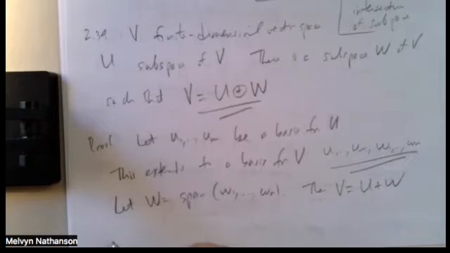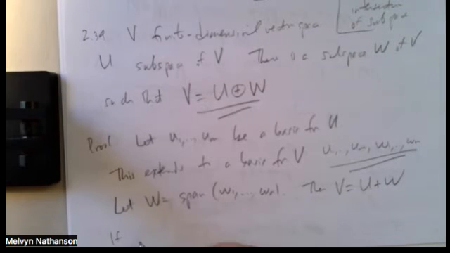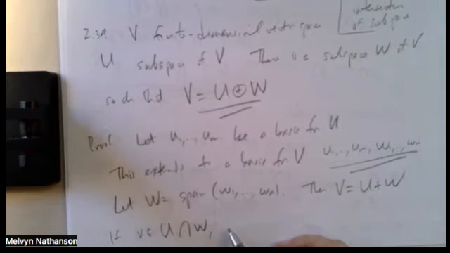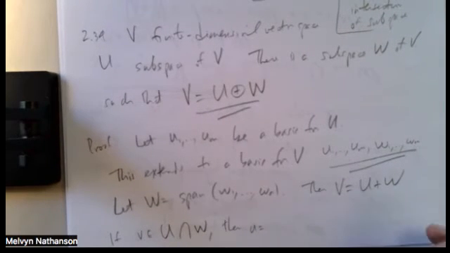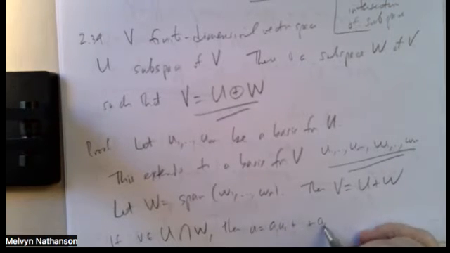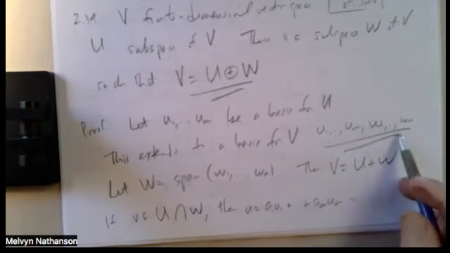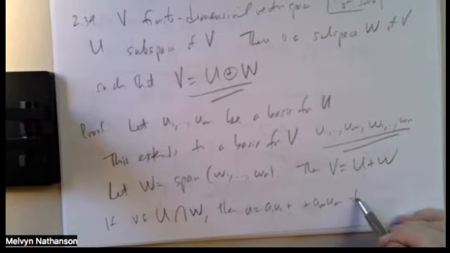is the zero vector. So if there's some vector v which is in U intersect W, then v is some linear combination of the basis for U, U1 up to UM, and it's also a linear combination of the basis for W. So if you take this and subtract this, since they're equal, you get 0.